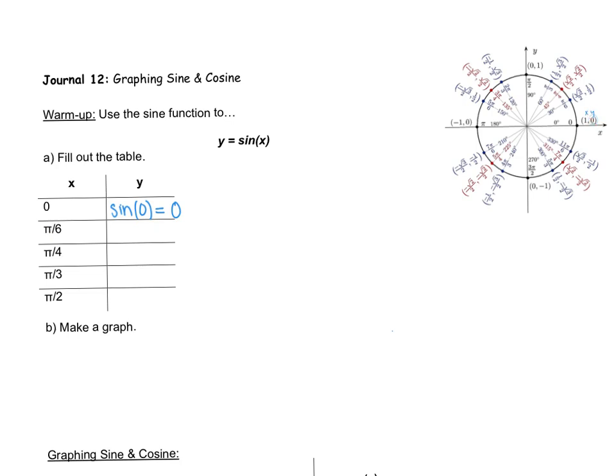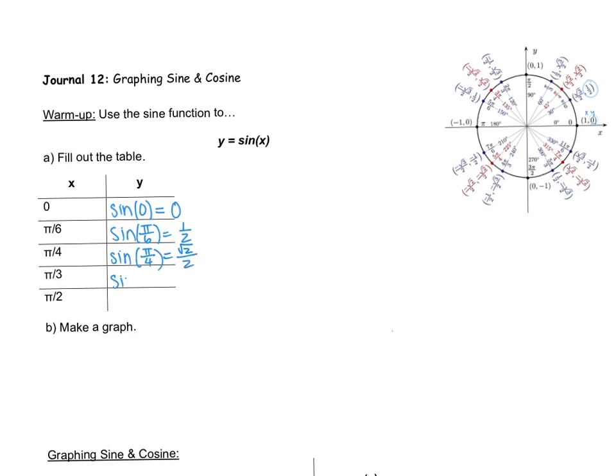Now I'm going to plug in pi over 6 for x. If I go to my unit circle at pi over 6, the sine value, or the y value here, is 1/2. Then for pi over 4, if I were to plug that in, it just goes to the next y value on the coordinate system. So at pi over 4, right here, it's root 2 over 2.